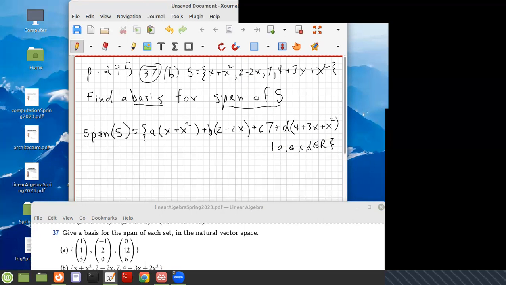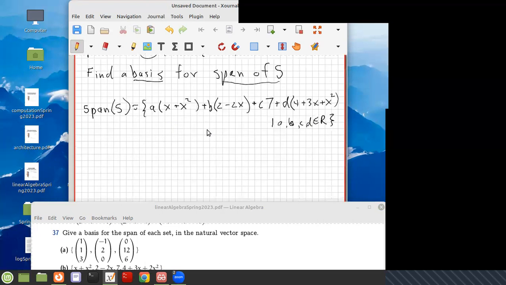Now we already know that S spans the space, and to be a basis, we want to know if it's linearly independent.